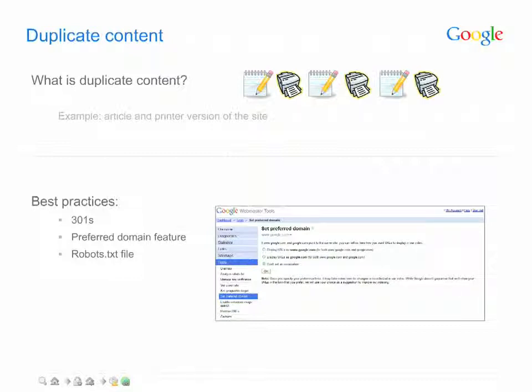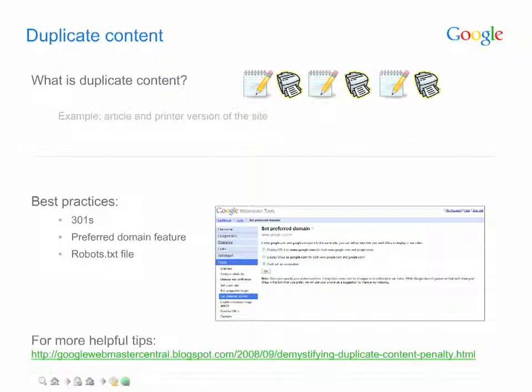If you're syndicating your content, you may wish to ask your partners to include a link on each of their pages back to the original source on your domain. And lastly, if you find someone copying your site and you want it removed from Google's search results, you can file a Digital Millennium Copyright Act notice, otherwise known as a DMCA takedown request. For additional tips, check out the Webmaster Central blog post referenced here.